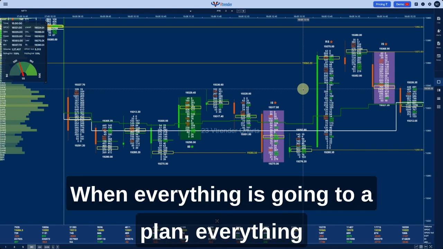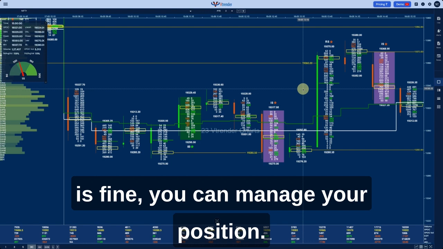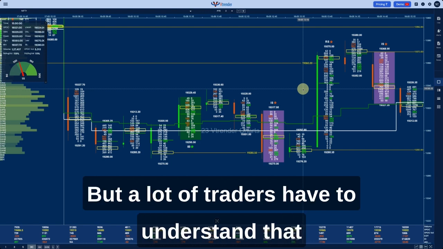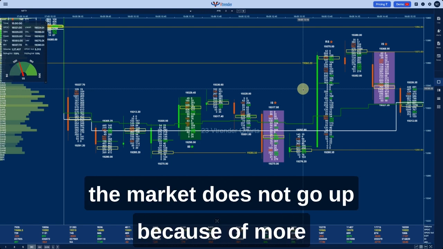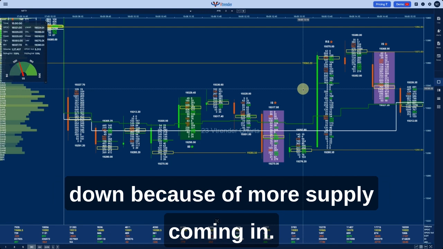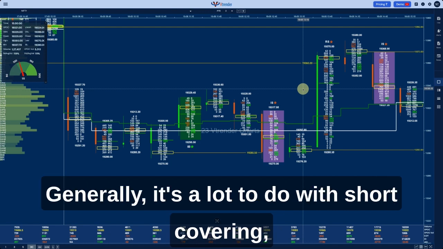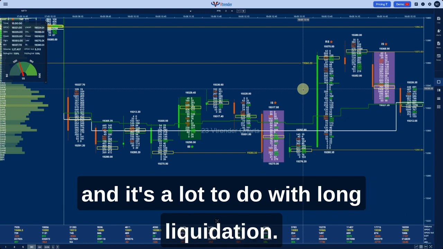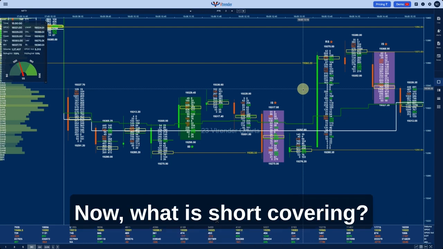When everything is going to plan, everything is fine, you can manage your position. But a lot of traders have to understand that the market does not go up because of more demand coming in, or the market does not go down because of more supply coming in. Generally, it has a lot to do with short covering, and a lot to do with long liquidation. Now, what is short covering?